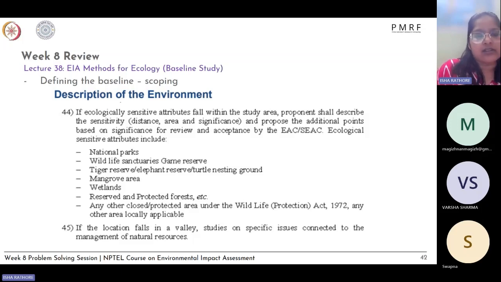Then the entire EIA method and focus shifts. But if your location does not fall under environmentally sensitive areas, then you can do a normal environmental baseline study. Okay.